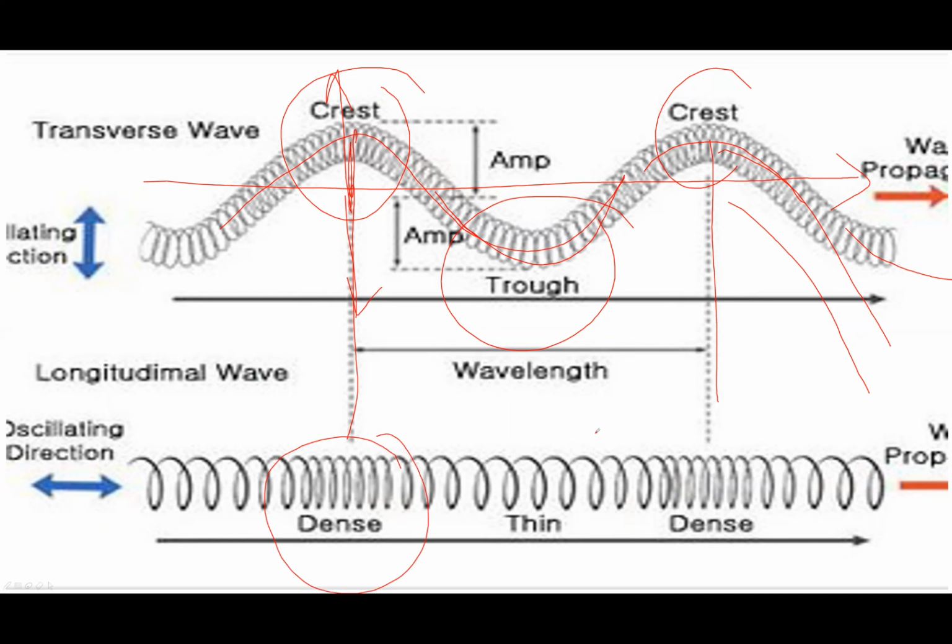This region is called rarefaction. Compression, rarefaction. Here the rings are close to each other. They are dense, closely packed. Here they are further from each other.